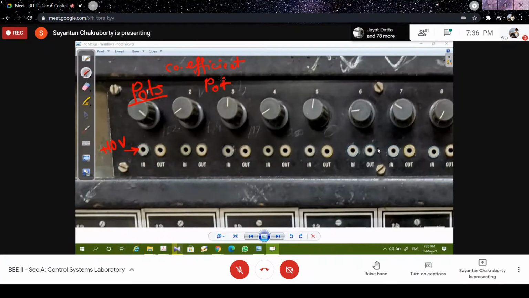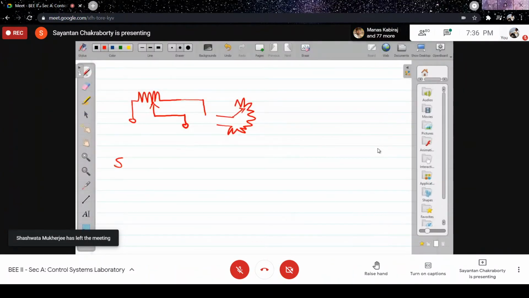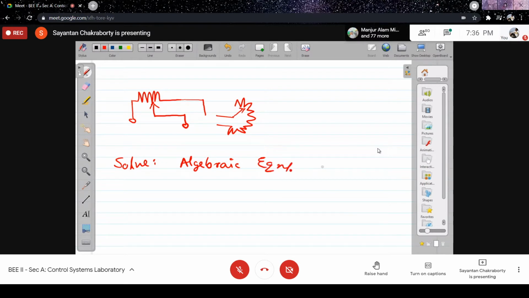Now, why am I talking about this pot? Because these operational amplifiers will be used to solve first algebraic equations. What do you need for an algebraic equation? Summer, subtractor, inverter, and in some cases, gain.